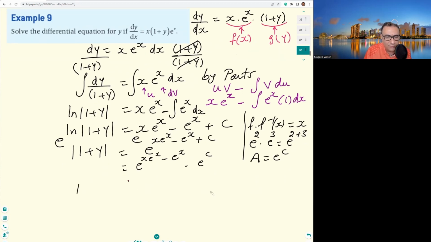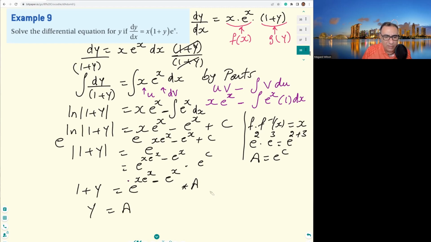So then we end up with 1 plus y equal to e to the power of x e to the power of x minus e to the power of x, times A. And then I need y only as a function of x. So in this case, you can just bring the one to the other side with a negative sign.